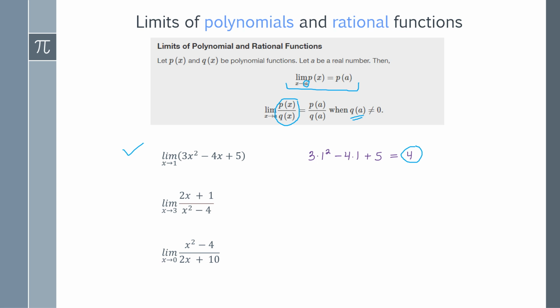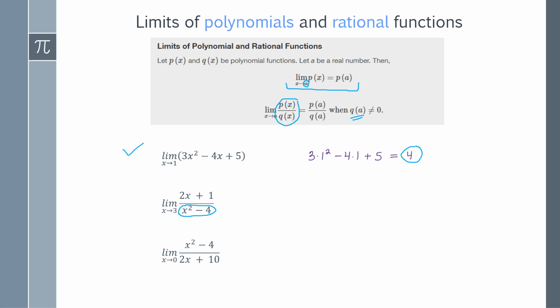Here we have limit as x goes to 3 of the function 2x plus 1 over x squared minus 4. Whenever we're working with rational functions, we want to focus on the denominator. So here I have x squared minus 4. If I plug in 3 for x, what do we get?